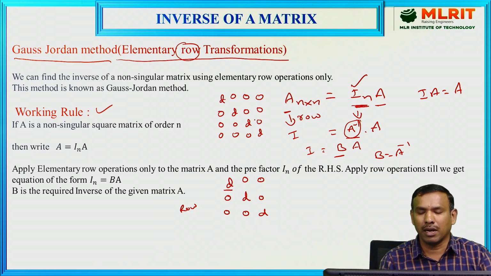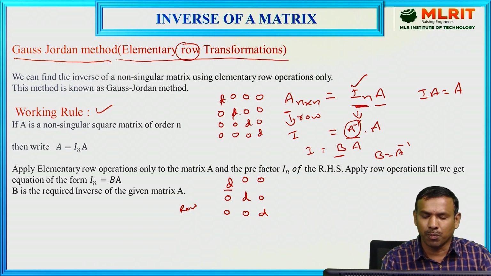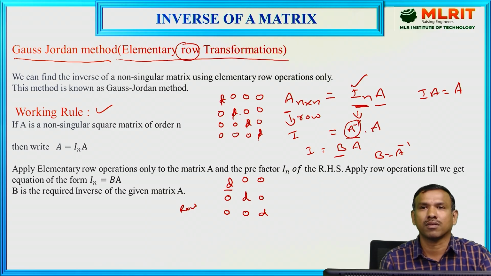Automatically the diagonals will get some numbers. If you are getting 1, well and good. If not, divide by the same number at the last step. Suppose they are 3, 2, 4, 1: divide by 3, divide by 2, divide by 4, divide by 1, so that the principal diagonal elements will be 1, 1, 1. It automatically becomes a diagonal matrix. On the right side, by applying the same row operations, you will get the required inverse matrix.